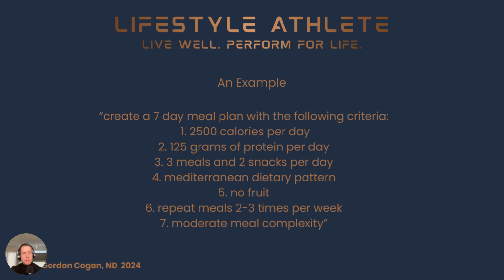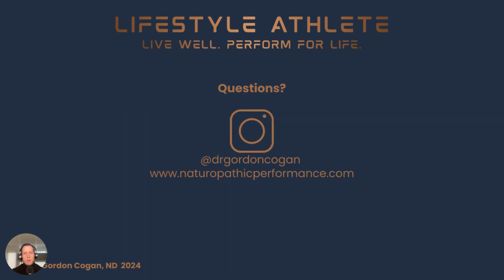You see I have 7 main prompts there as the criteria following the initial prompt. So this is how I have boiled some of the key buckets of prompting down for AI meal plan generating. Hopefully it's helpful.